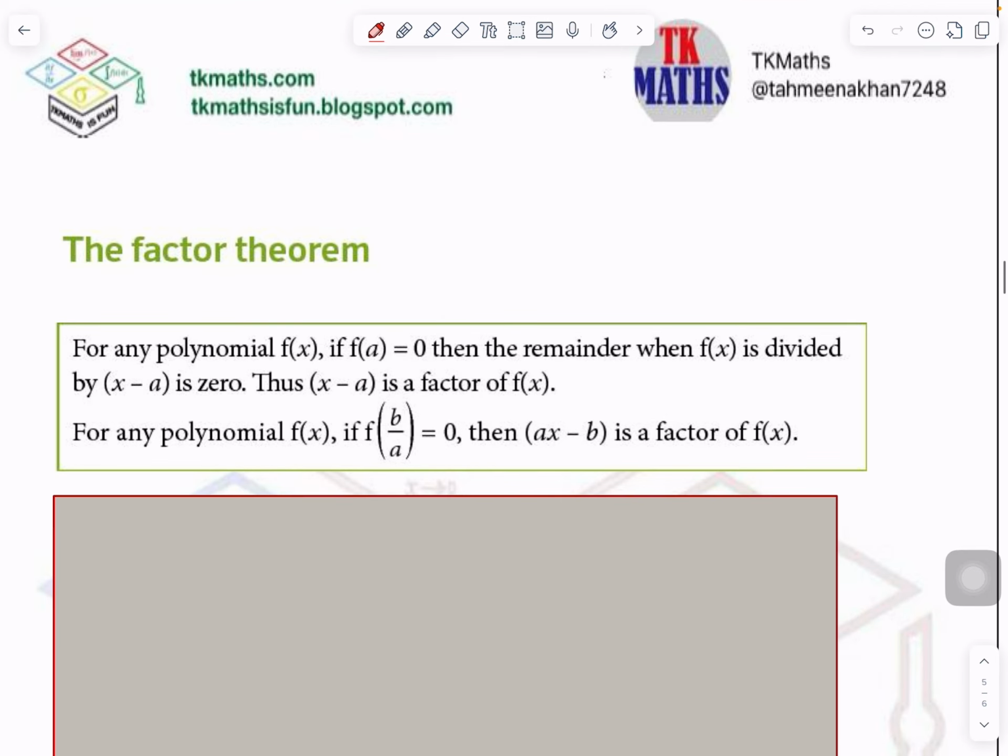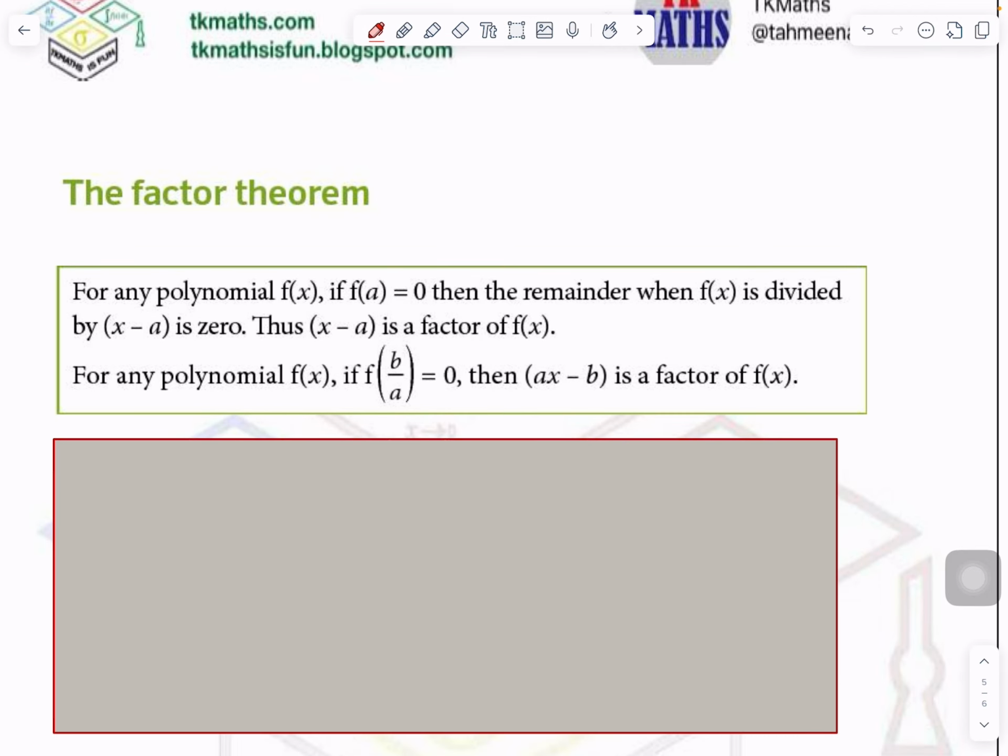Now see the factor theorem, also for the same reason. The factor theorem says the same thing. If polynomial f of x is given to you and it is told to you that x minus a is a divisor, when you divide it, it gives you 0. Because whenever the word factor comes, the polynomial is divisible by this, it means the remainder will be 0.